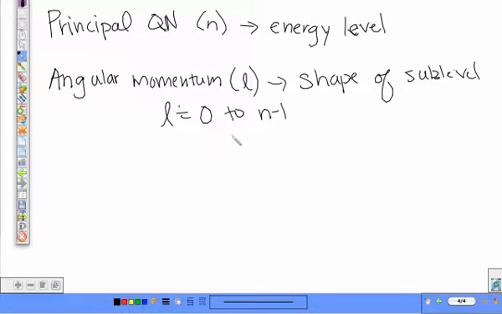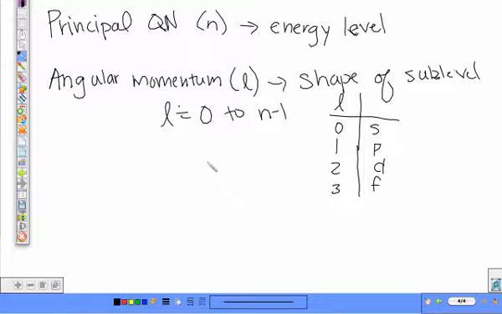And we had this chart where if our L is equal to 0, what letter? And if L is 1, that's P, 2 is D, 3 is F. You can only have one sublevel.